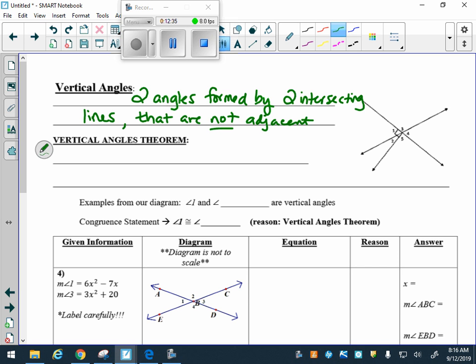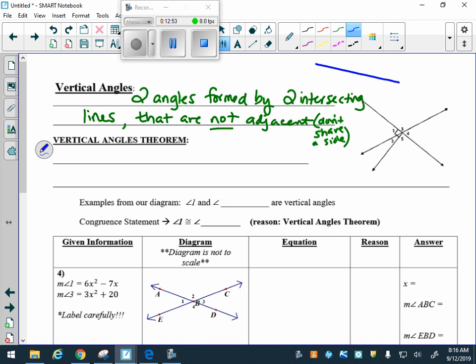So they don't share a side. So two angles formed by intersecting lines.